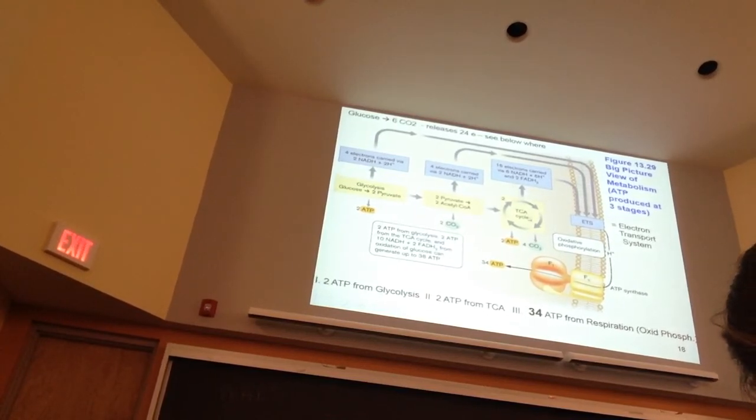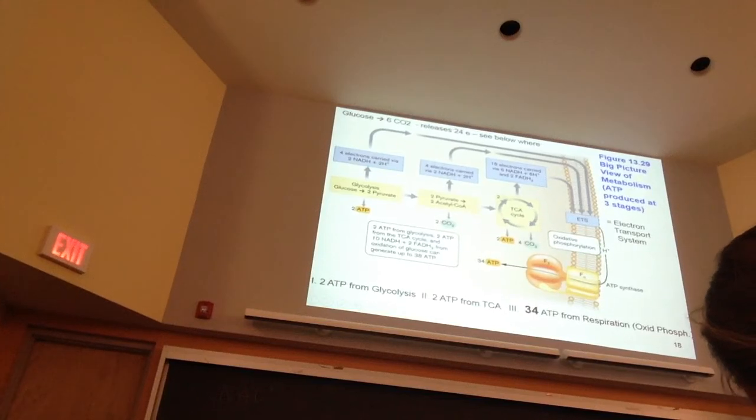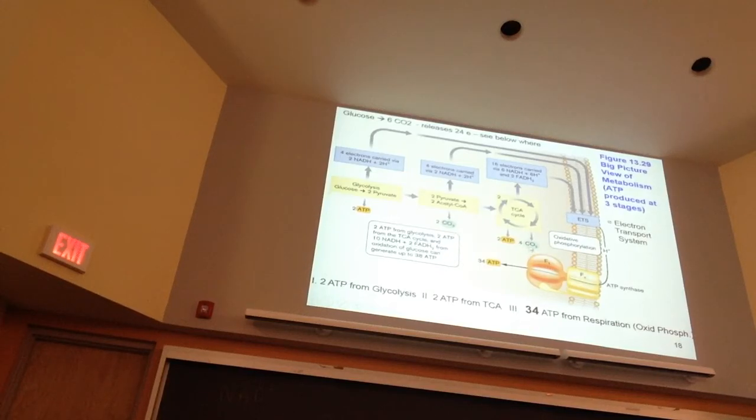Most of those electrons are finally stripped out in the 2 cycles of the TCA cycle to completely oxidize to CO2. There is your product, CO2. So here, 6 moles of NADH and 2 of FADH2. Those are now 16 of the 24 electrons being carried.